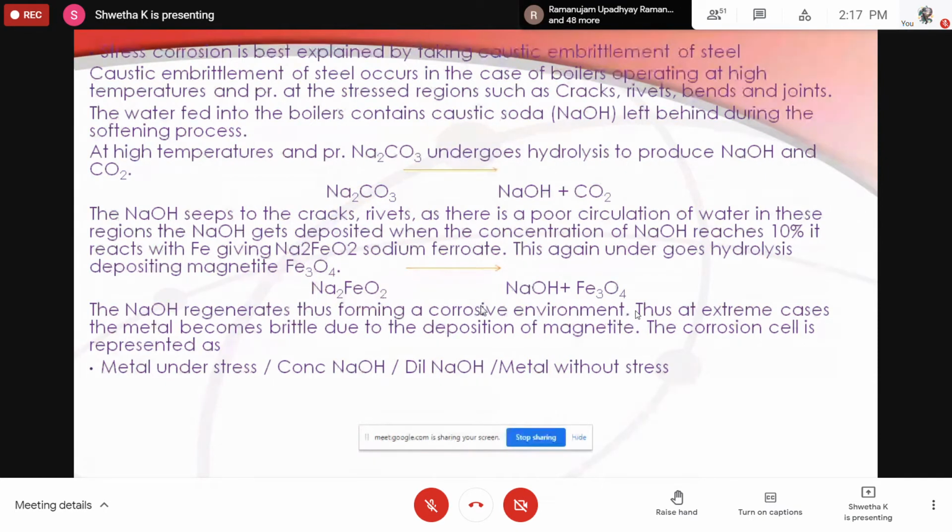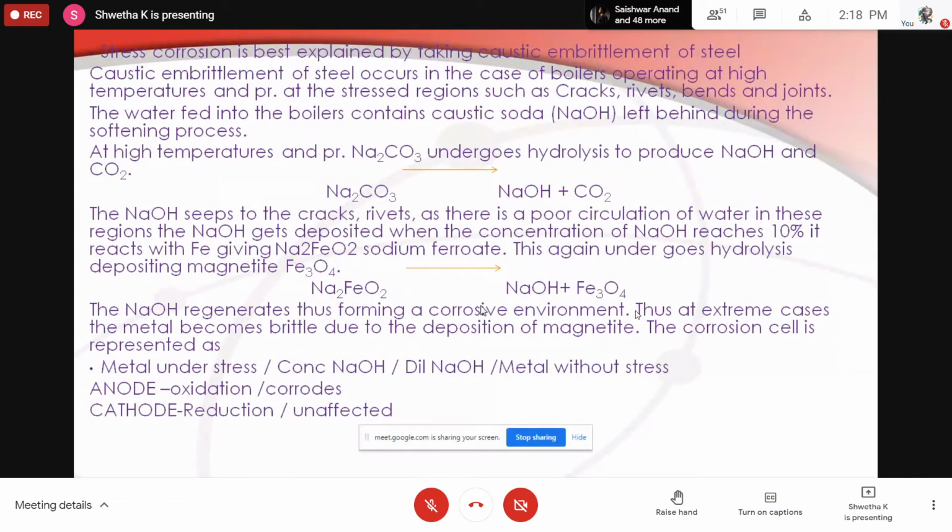The dilute NaOH, meaning very low concentration, is the metal without stress, and it acts as a cathode. If it is an anode, oxidation takes place and then corrosion. If it is a cathode, reduction takes place and it is unaffected, or safe.